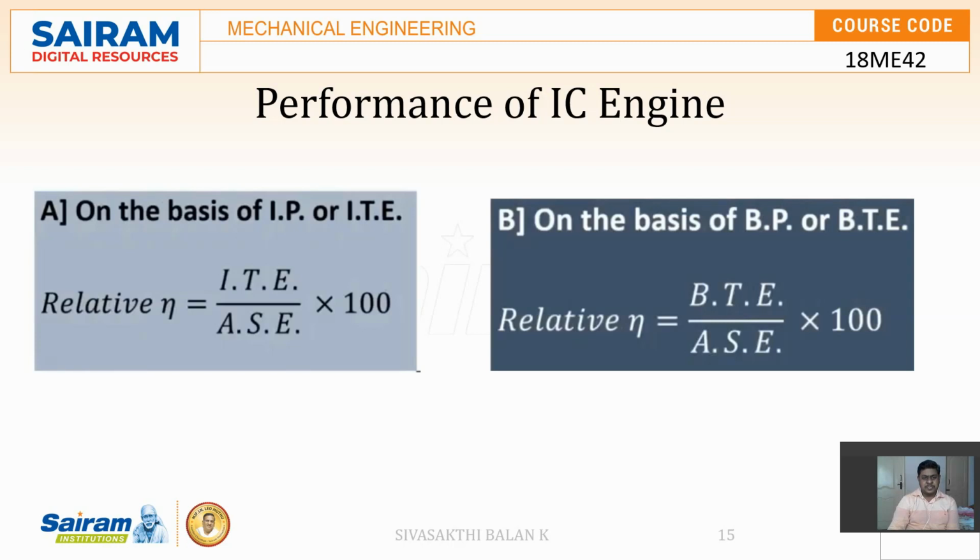For a diesel engine we consider the diesel cycle air standard efficiency, whereas for a petrol engine we need to consider the petrol cycle or Otto cycle or constant volume heat addition cycle standard efficiency. And on the basis of brake power, the relative efficiency is expressed as brake thermal efficiency upon air standard efficiency multiplied by 100, so that you will get efficiency in terms of percentage.